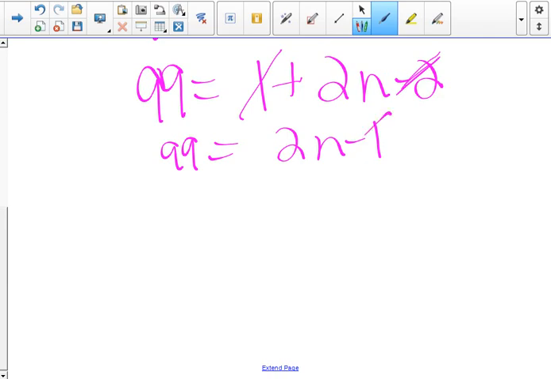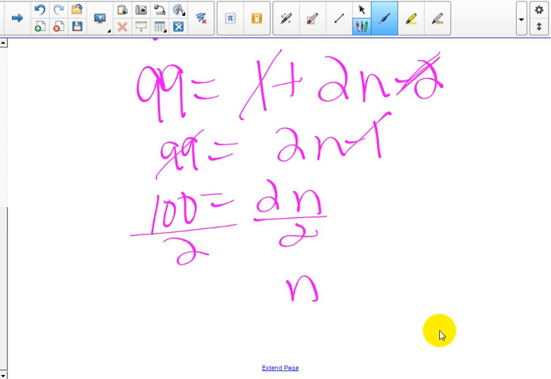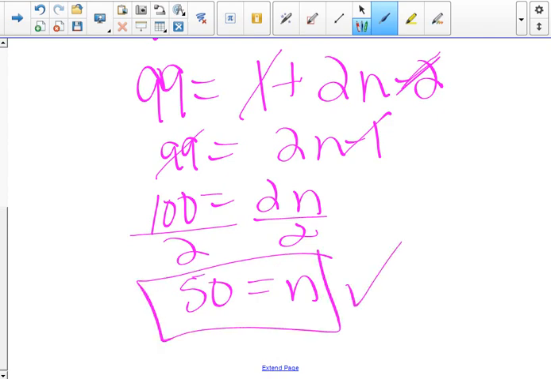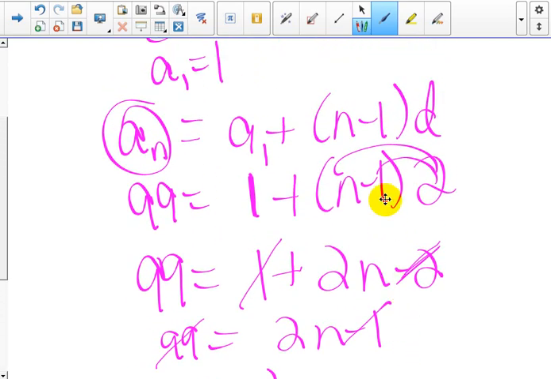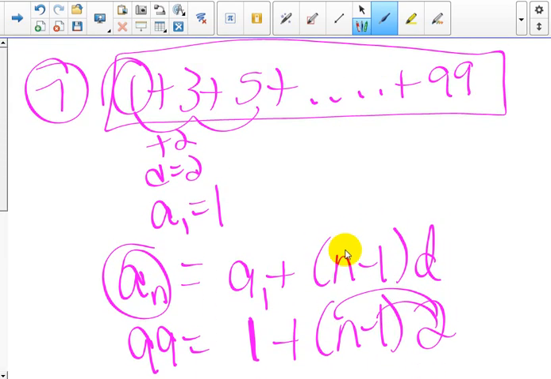Add 1 to each side, and we get 100 equals 2n. Divide each side by 2 to get n equals 50. There, we proved that there are 50 terms. That's also in the workbook for you. So that's how you find the number of terms first. Now let's go find the sum.